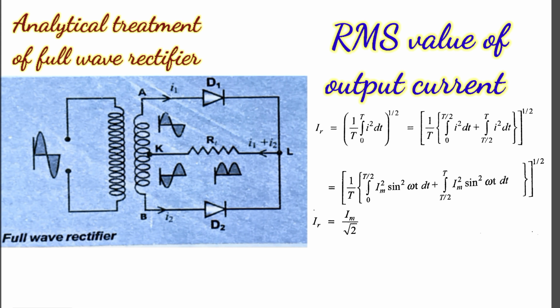IR equals under root 1 upon T integration from 0 to T of I square dt, equals under root 1 upon T [integration from 0 to T upon 2 of I square dt plus integration from T upon 2 to T of I square dt], equals under root 1 upon T [integration from 0 to T upon 2 of Im square sin square omega t dt plus integration from T upon 2 to T of Im square sin square omega t dt]. By solving, we will get IR equals Im upon root 2.